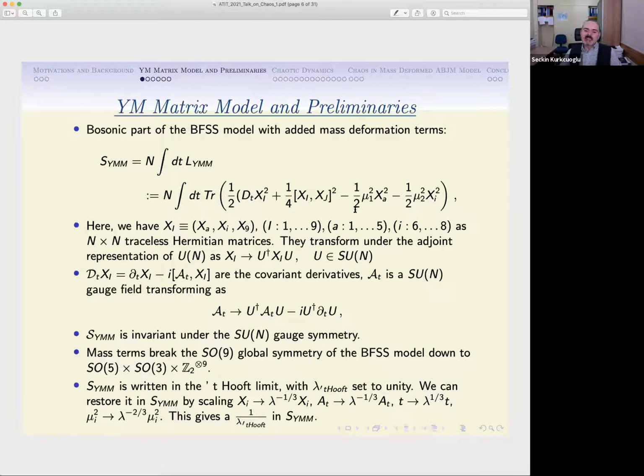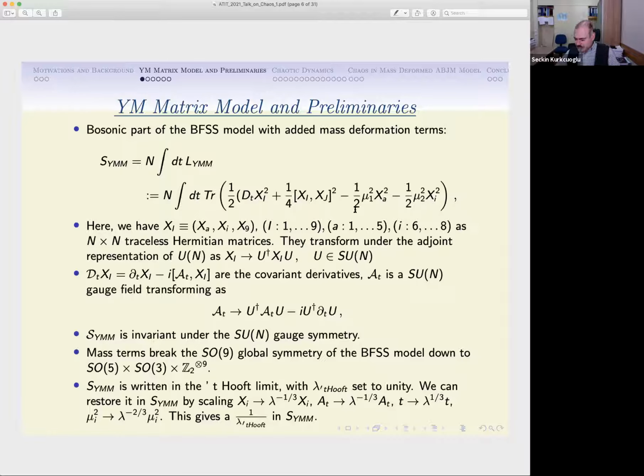So there are various motivations for having mass deformations. Let me mention one, maybe two. One of the motivations is that we already know that the BFSS model has some flat directions, which cause some instability.